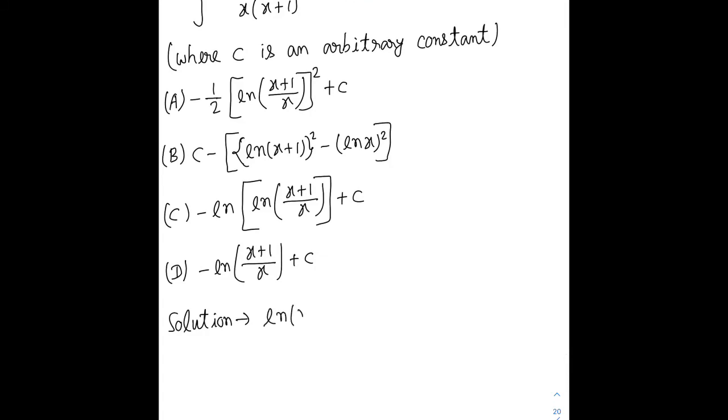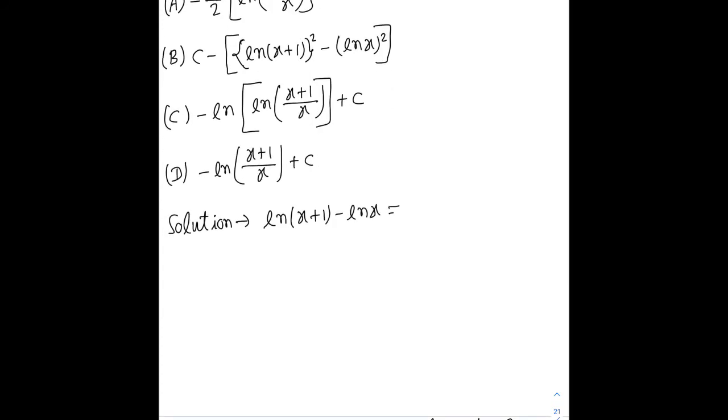Log x plus 1 minus log x is nothing but log of x plus 1 by x.